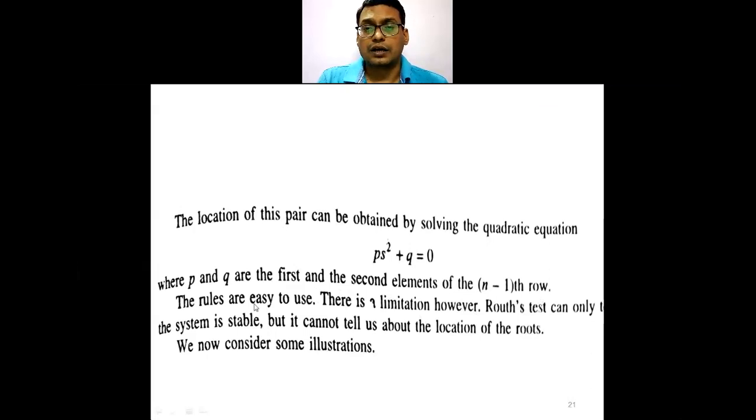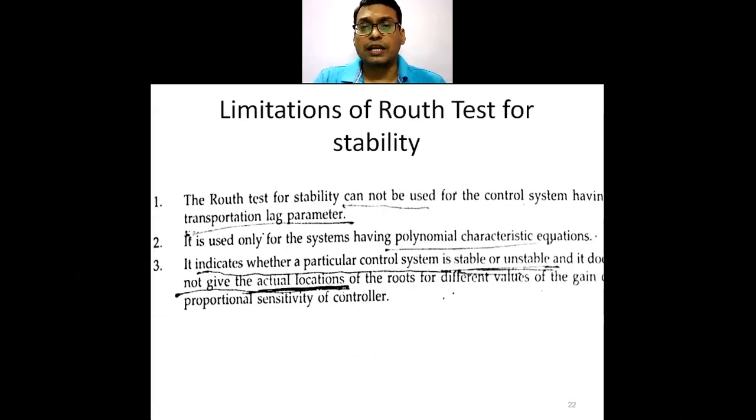These rules are easy to use. There is a limitation, however. The Routh test only talks about the stability of a system, but it cannot tell us about the location of the roots. Routh cannot be used for a control system having a transportation lag parameter.